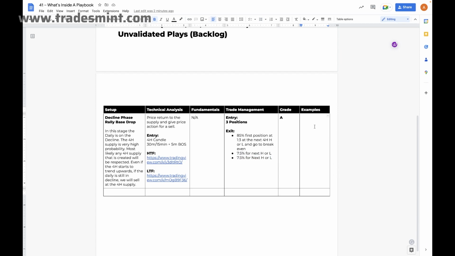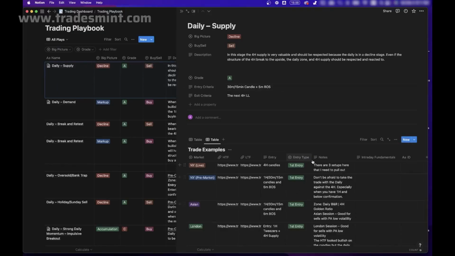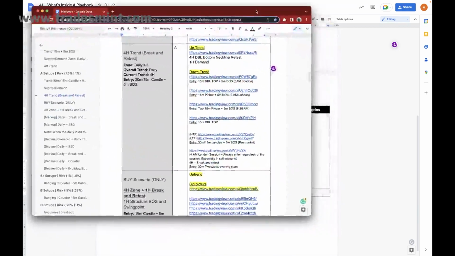So here in the examples, this is where I would place all my trade examples. So if you look at my playbook here, I have examples here and I have notes for myself, right? So this is where you put all your different examples. Okay, just list out all the different examples there. And I'm going to show you this is my older playbook, just so that you'll understand that this is something that is possible for you, right?